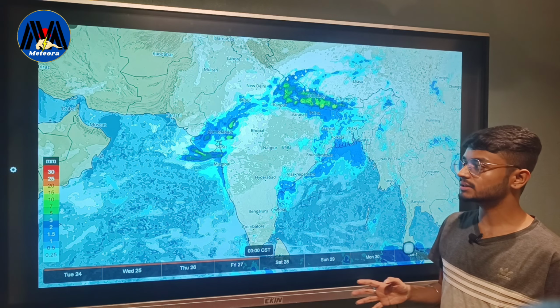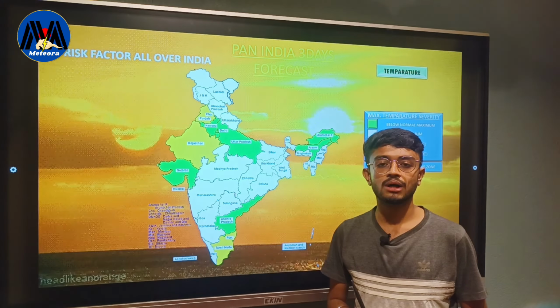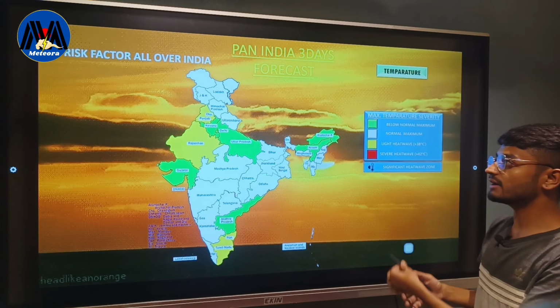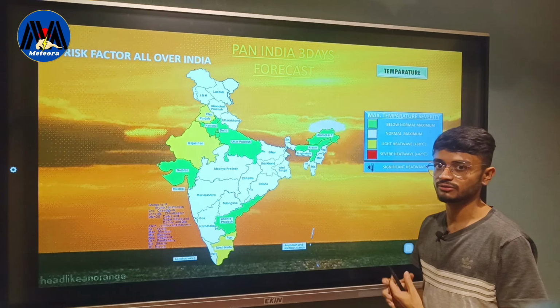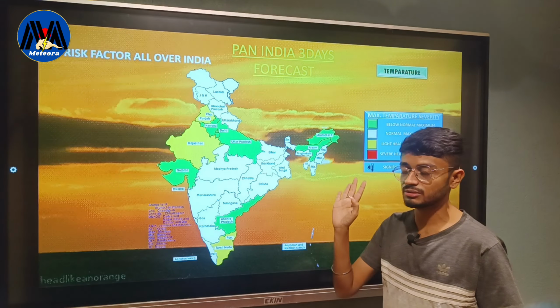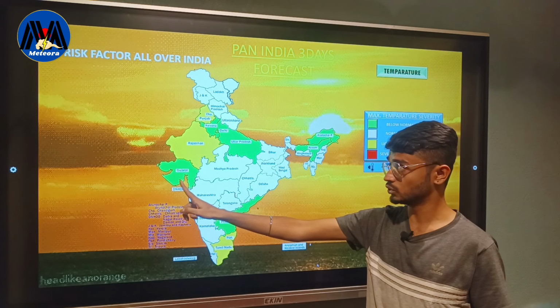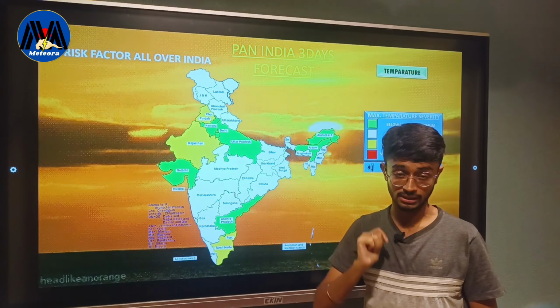Moving on to the next part, the risk factor analysis for the pan-Indian context. As we see in the pan-Indian forecast, below normal maximum temperature will be seen in Andhra, Assam, Arunachal, Gujarat, Uttar Pradesh, Delhi and Haryana.